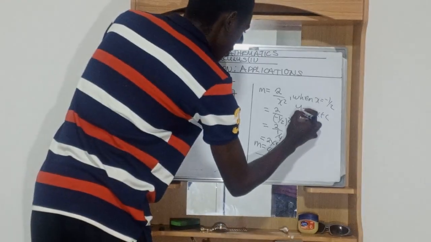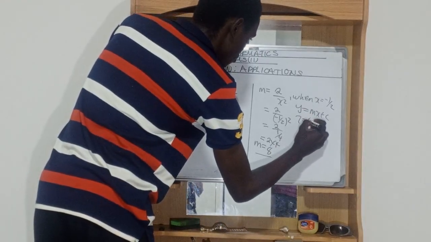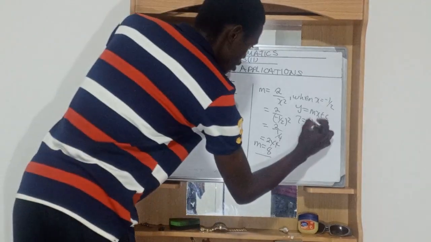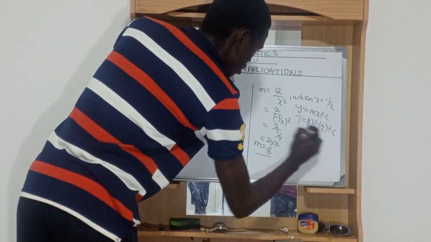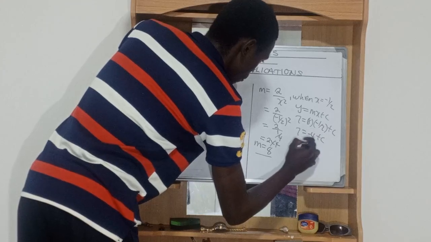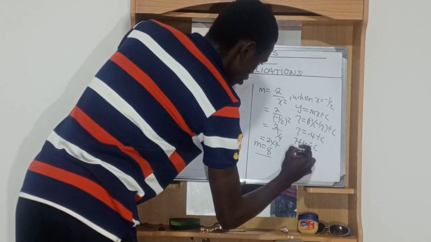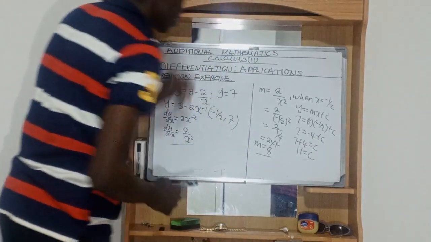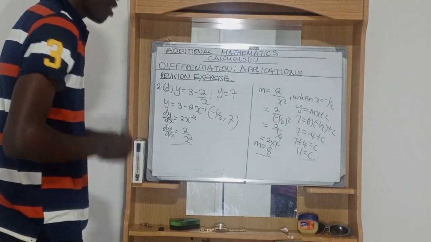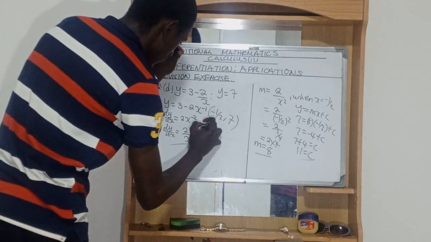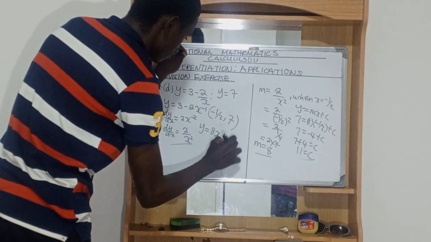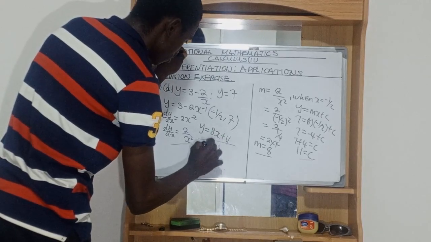So 7 is equal to 8 multiplied by -1/2 plus c. 7 is equal to -4 plus c. 7 plus 4 is equal to c, so 11 is equal to c. Therefore, your equation of the tangent is y is equal to 8x plus 11.